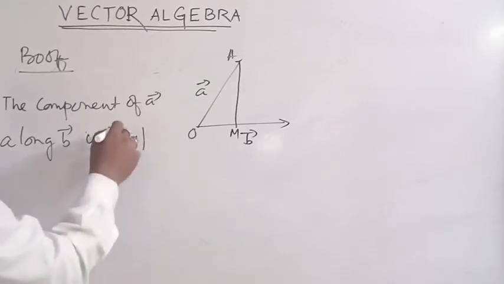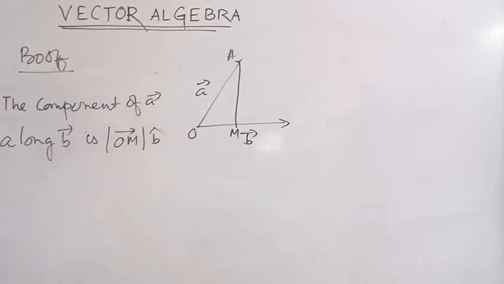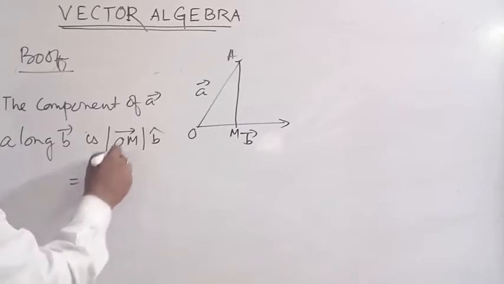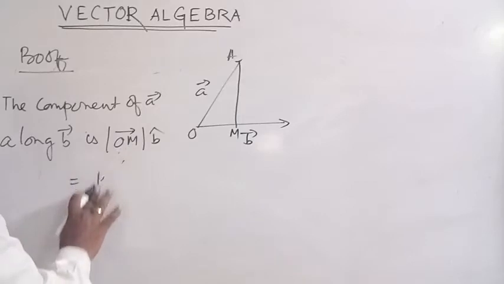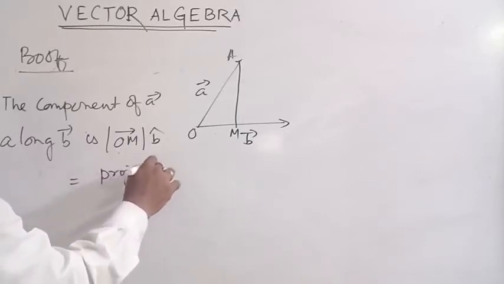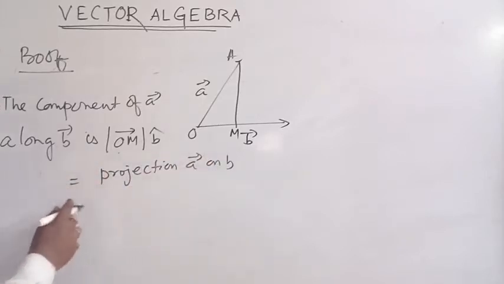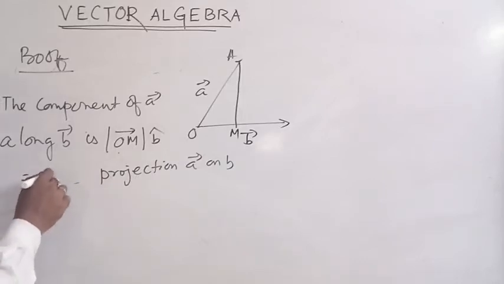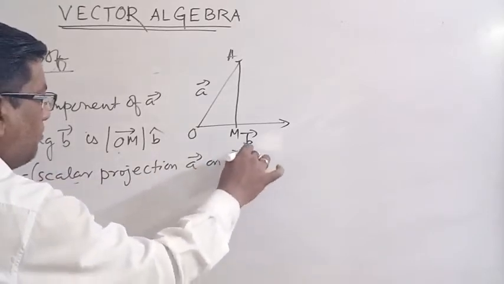that is magnitude OM into B cap. So what is OM? OM means the projection of vector A on B, the scalar projection of A on B, into B cap.